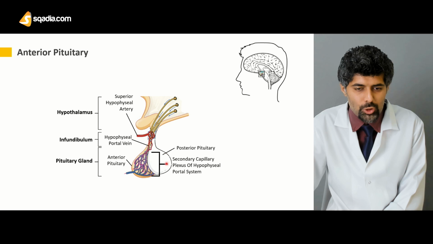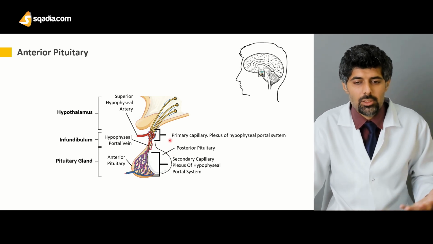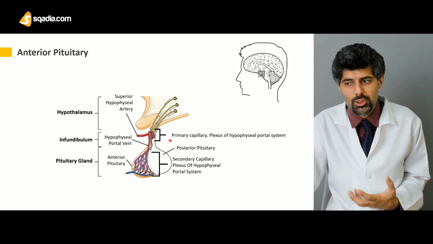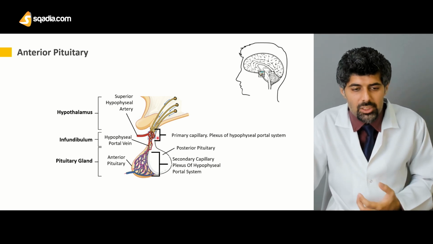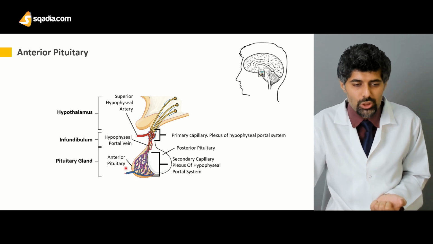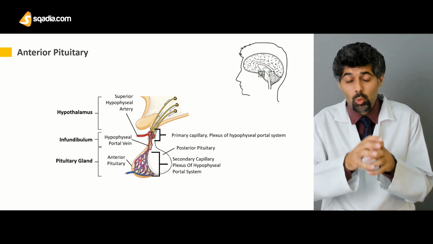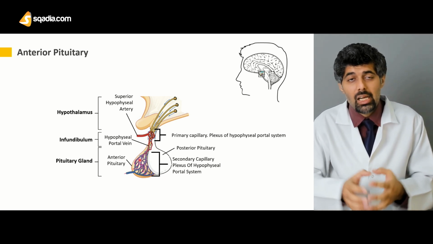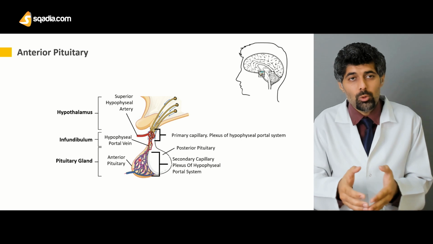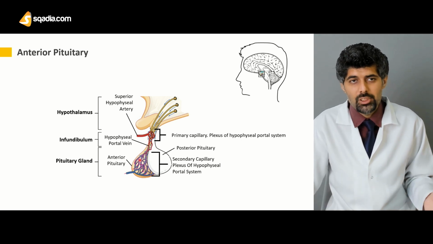Now this is the posterior pituitary and this is the primary plexus of the hypophyseal portal system. From this primary plexus we have certain tributaries that then move towards the anterior pituitary, form a vascular bed around the whole of the pituitary gland, and then contribute towards a single vein known as the hypophyseal vein.